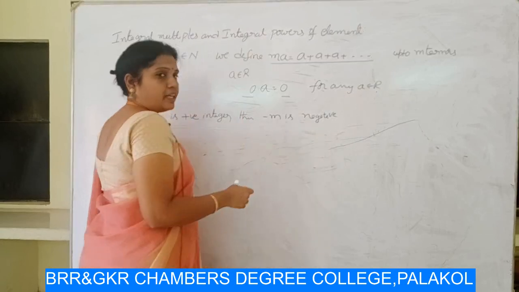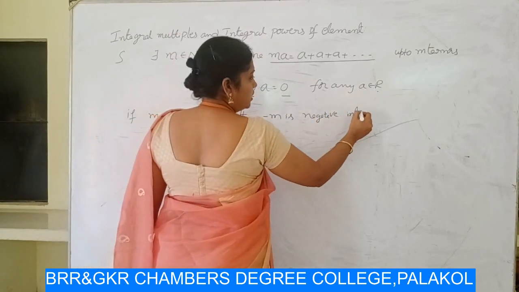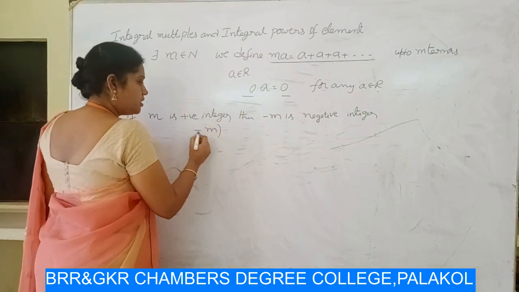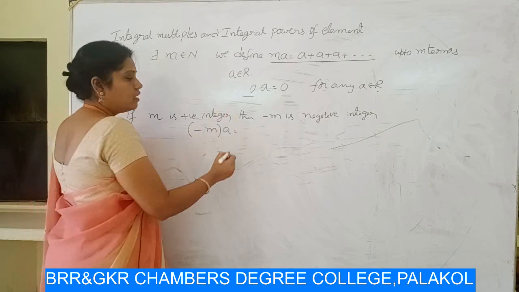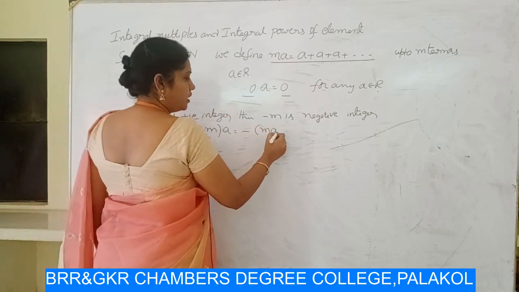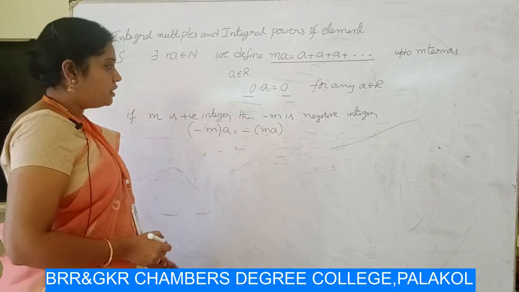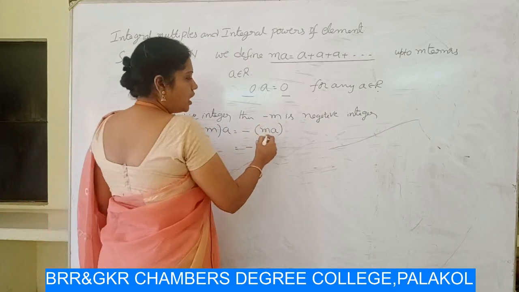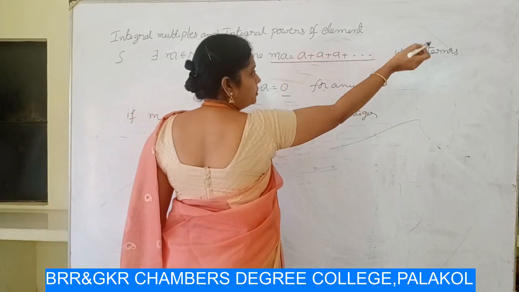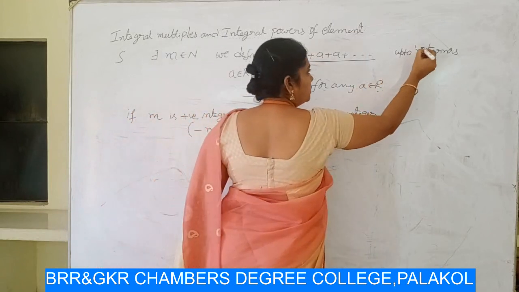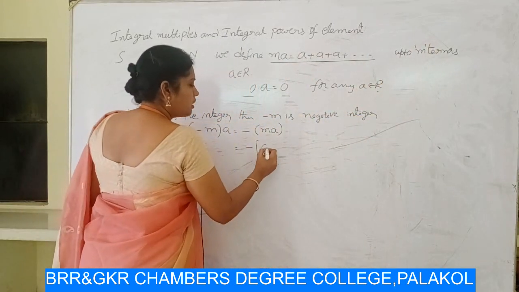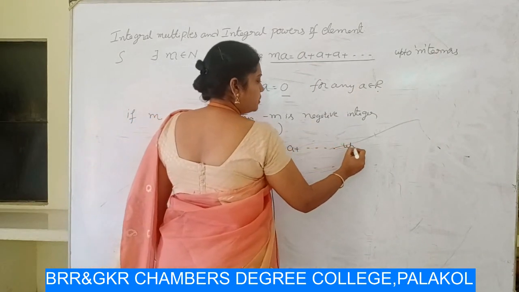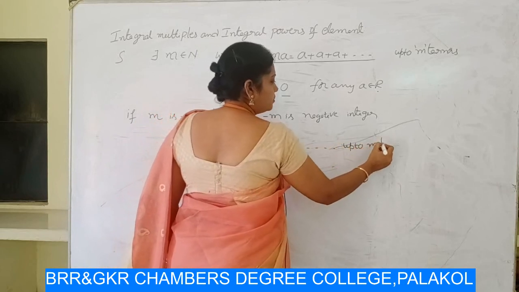Then we define minus m into a as minus of ma. That can be written as minus of ma, where ma means a plus up to m terms.